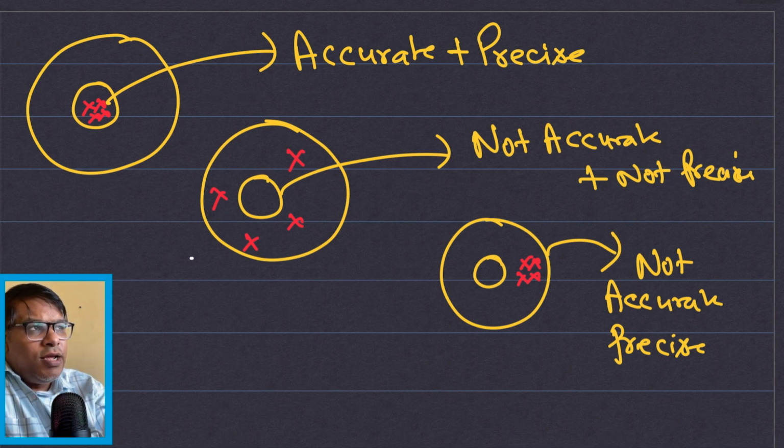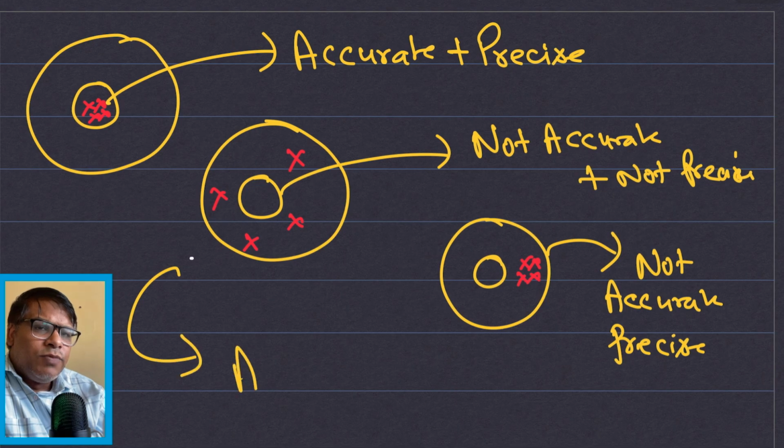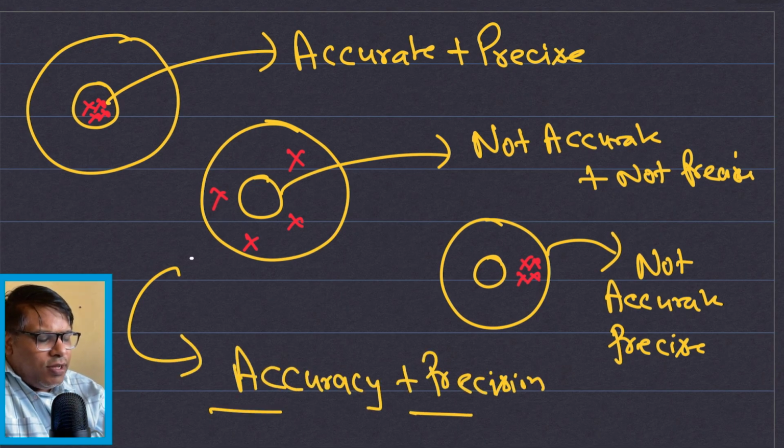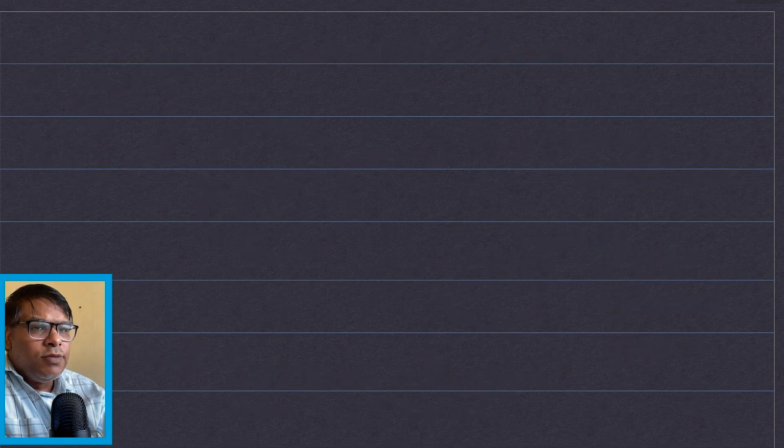You are hitting at a different location and you are hitting precisely but not accurately. So hopefully now it is clear in your mind what is accuracy and what is precision. Keep in mind, scientists are playing with numbers, they are doing measurements so that they can get accurate and precise results.